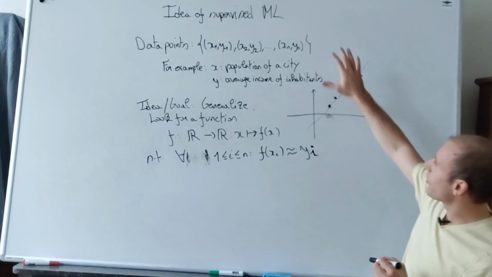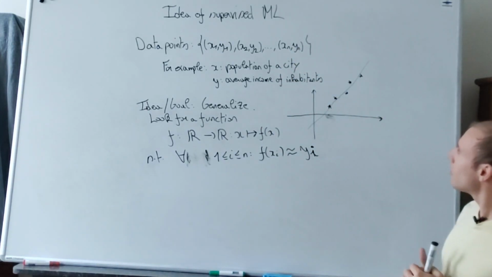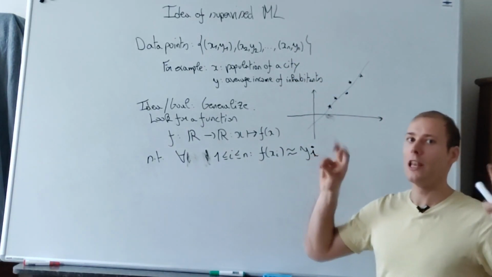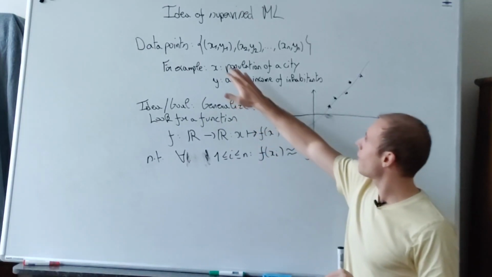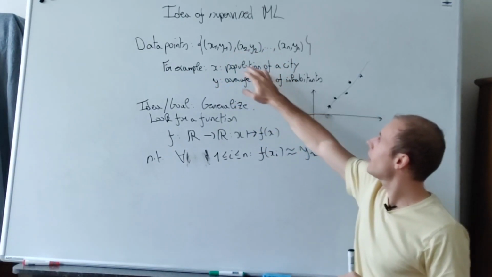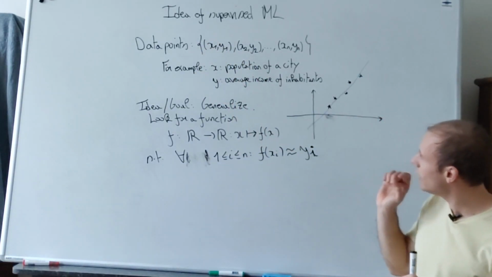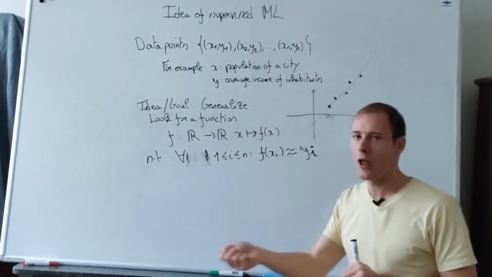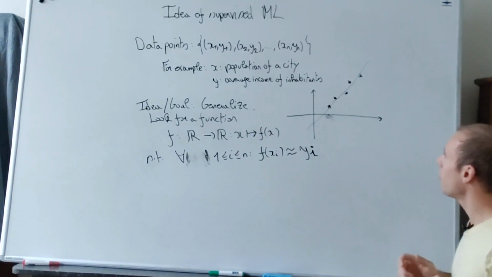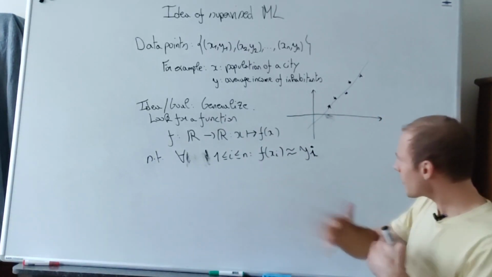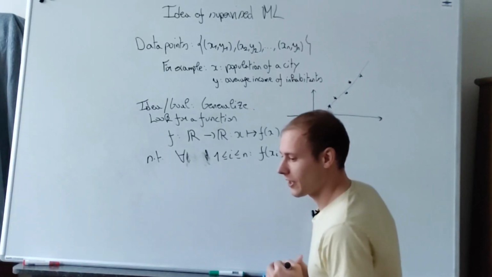And this is why we are speaking of supervised machine learning, because we actually have what we call labeled data. We have n data points which actually have the label for the x value. For each of these n cities, we actually know what the average income is. So we have something to evaluate against.